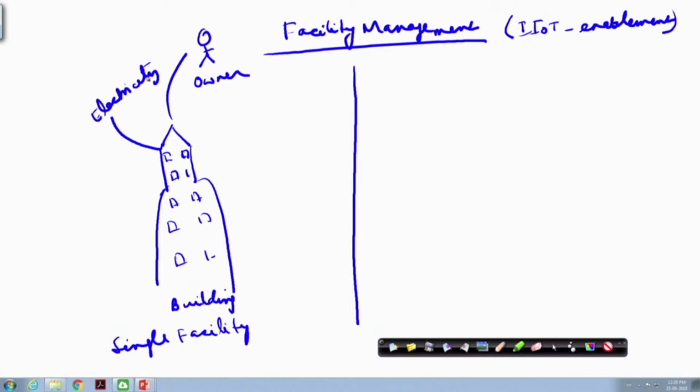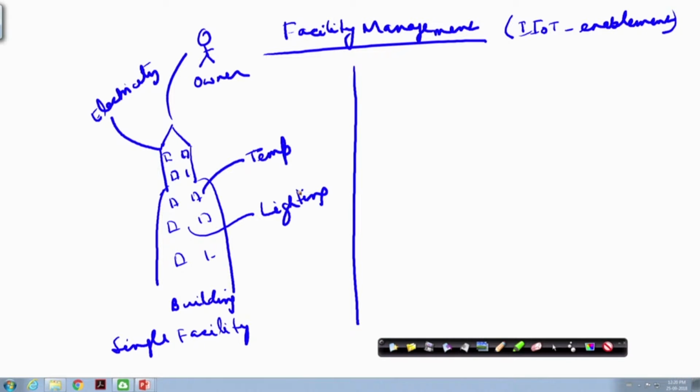There could be different rooms which will have to be temperature conditioned. So, temperature conditioning of these rooms. These rooms are going to be lighted. So, lighting of these rooms is important.